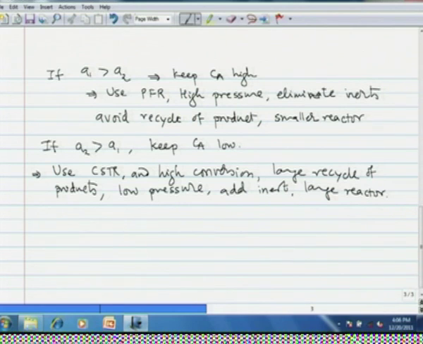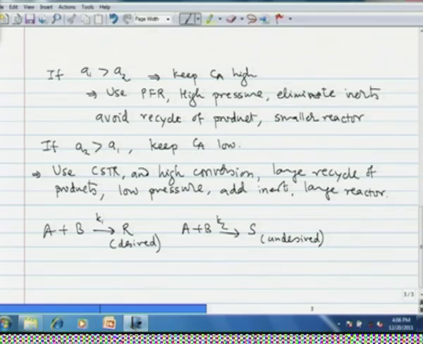Suppose you have several reactants, like we have a reaction A plus B goes to R, and we have a reaction A plus B goes to S. Again, R is the desired product and S is the undesired or waste product. Now, in this case, let us say the rate constants are K1 and K2, and now we have to take into consideration the order of the reaction with respect to both reactants.